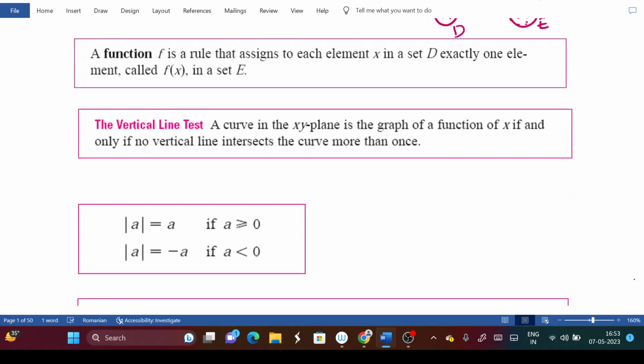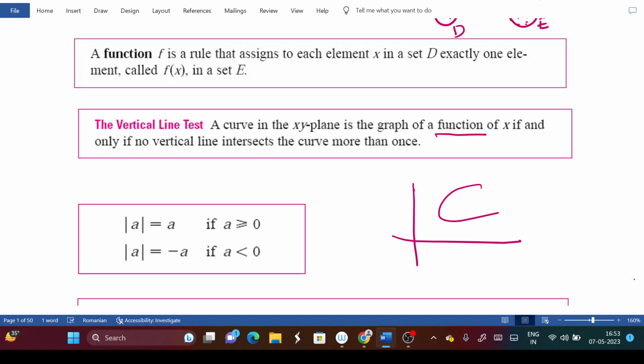Okay. Now the vertical line test. A curve in the xy plane, suppose it is x-axis, y-axis, is the graph of a function if and only if no vertical line intersects the curve more than once. For example, suppose this.